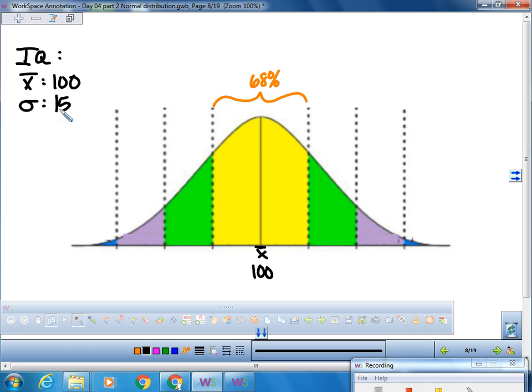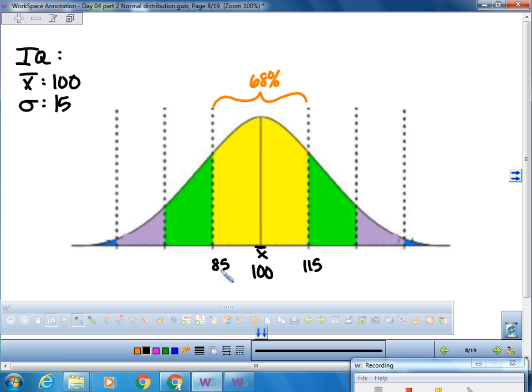So what would this number be here with this one standard deviation, on the higher end? 115. And what would be on the lower end? 85. So if you have a score of between 85 and 115, you are in 68% of the population. That's 68% of the population.